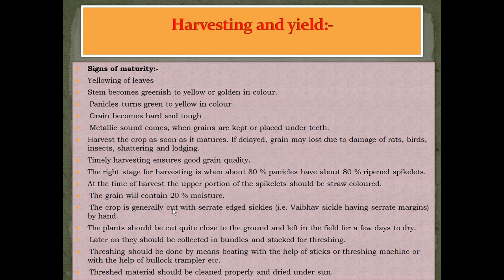Then rice crop is generally harvested with the help of serrated edge sickles. That sickle is called the Weibo sickle. This is majorly used for the control of yellow rice stem borer, because it has serrated margins and the angle of the handle to the margin is 90 degrees, and this will be helpful for the control of this yellow rice stem borer pest.